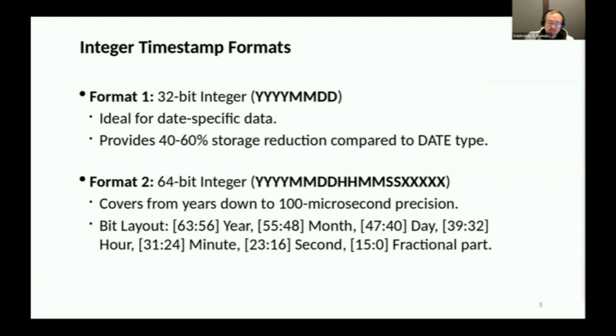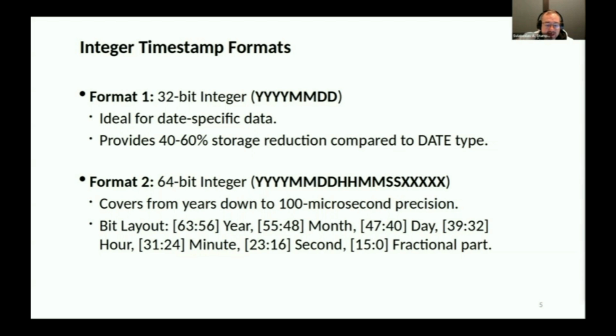So format 1 is a 32-bit integer that stands for date. And this is just date-specific data. When you care about only a day, you use this format, and this is much smaller. This is much more efficient than storing this date in the standard native datetime format.